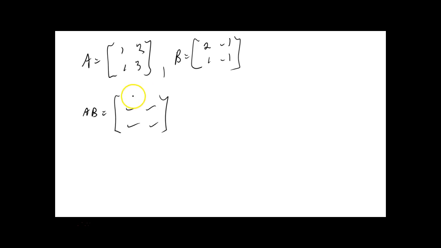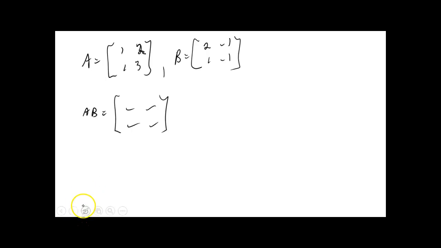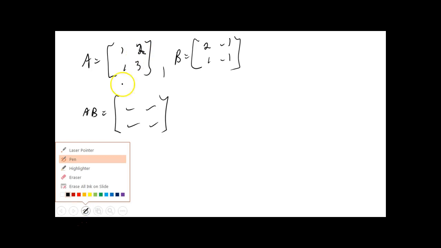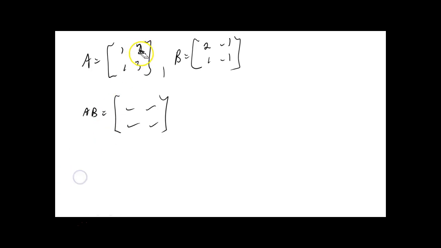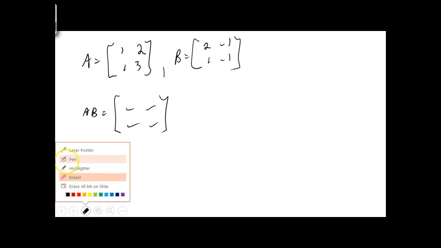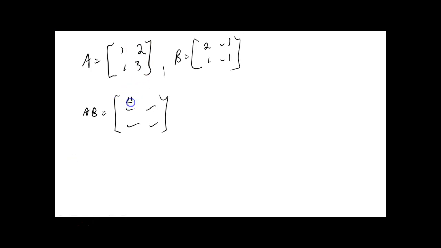What'd you say? 5. How'd you get that? Okay, wait. You may be misreading my writing. This is a 2. Oh, okay. It's 4. Okay. Since that misled you, I wanted to make sure it was readable. Okay, so the first entry is a 4. Next. Second.